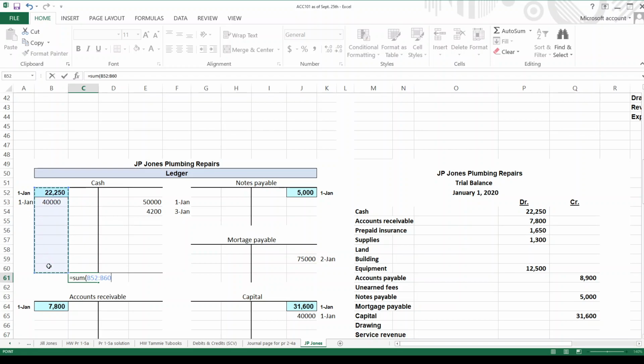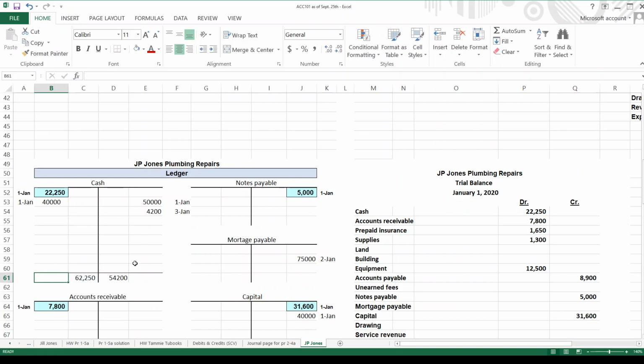You say, of course, right? You knew that, right? Add up the debit side, including the beginning balance. Add up the credit side. Doesn't have a beginning balance, but I'll do the whole thing anyway. So you got 62,250 in debits, and you got 54,200 in credits. You have more debits than credits.